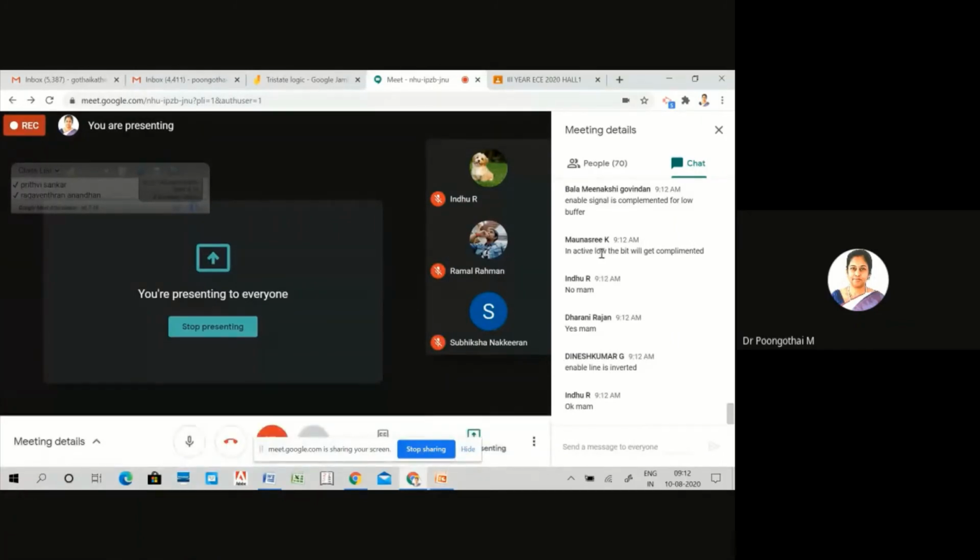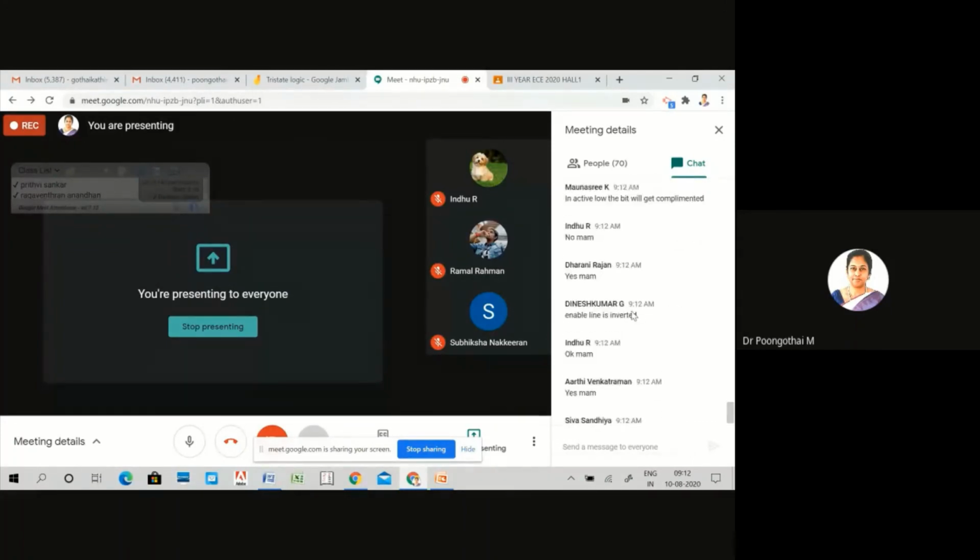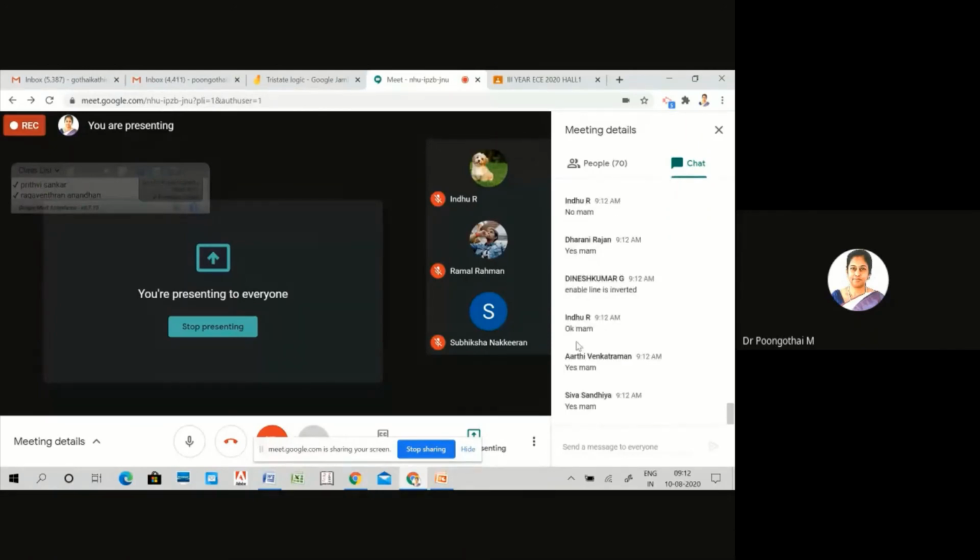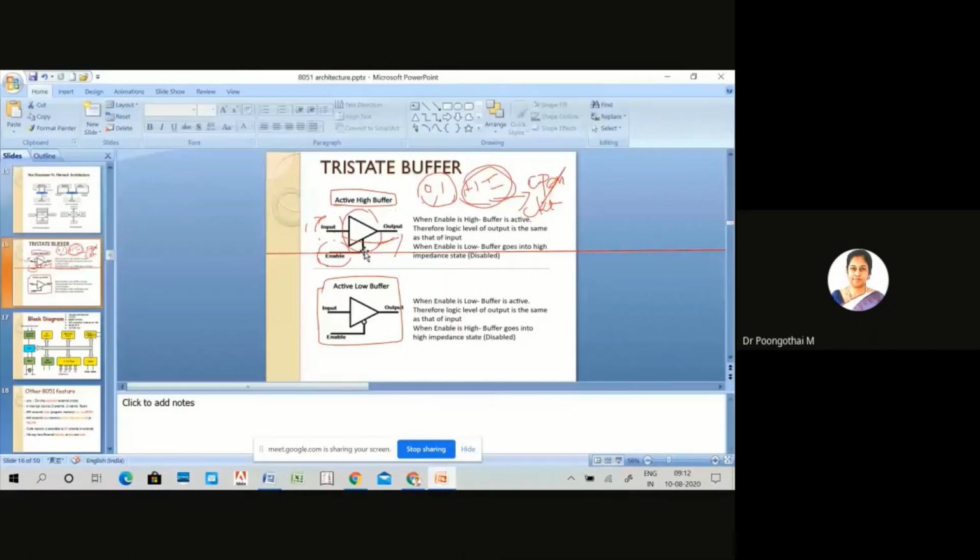Okay, the active low. What is active low? Active low, the bit gets complemented. The enable line is inverted. So active high means if the signal is high, that is if your signal is equal to 1, this particular pin is activated.